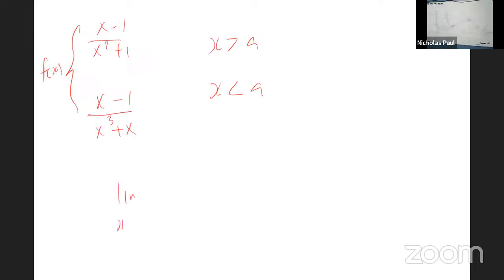To work out the limit as x approaches a from the right, we always use which one? The more than or less than? Use the more than, right? And to approach from the left, we use the second function. Are you okay with that?